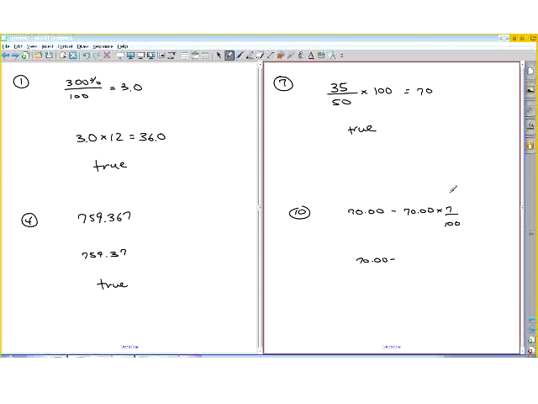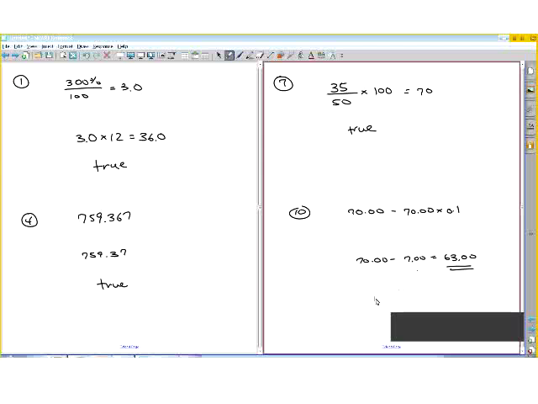Actually it said 10%, not 7%. Okay, 10% is the same as the decimal 0.1. You take 10 divided by 100 to get 0.1. So 0.1 times 70 is 7. So the discounted price is $63 and not $7. So that's false.